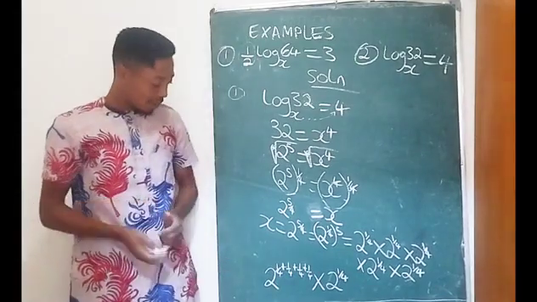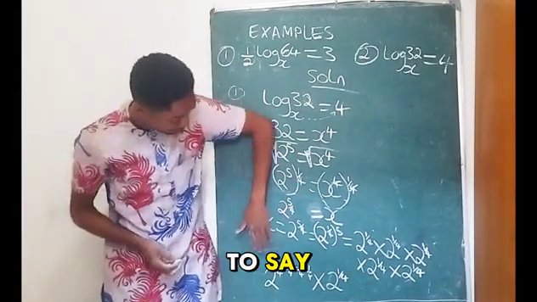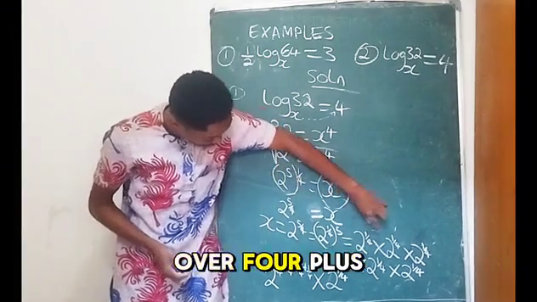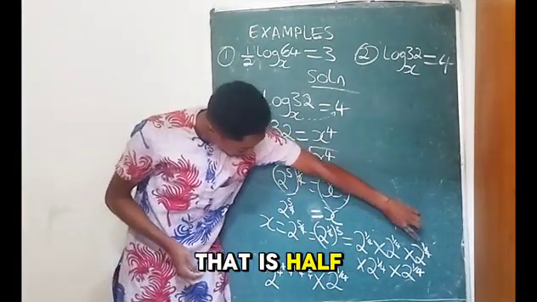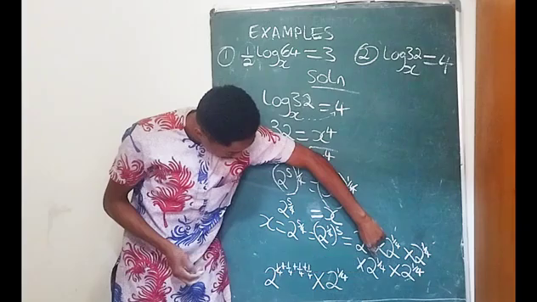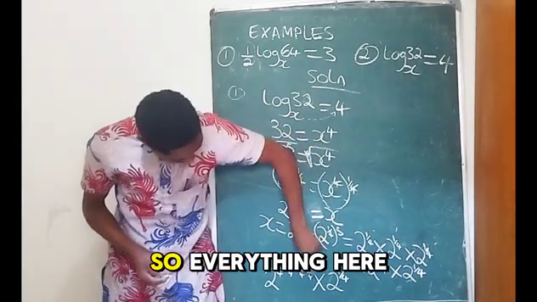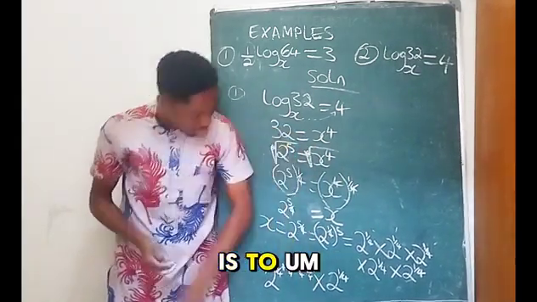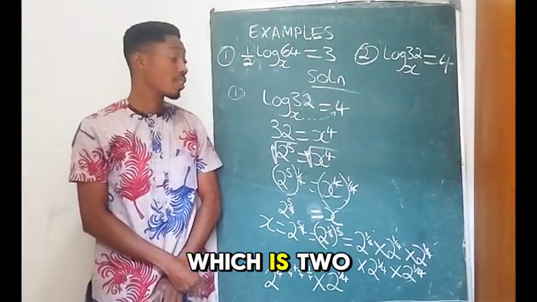Alright, look at that critically, you get what I'm trying to say. So 1 over 4 plus 1 over 4, that is half, plus 1 over 4, that's 3 over 4, plus 1 over 4 again, that is 4 over 4. So everything here is 2 raised to power 4 over 4, which is 2.